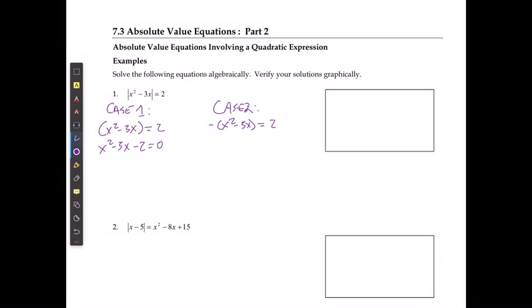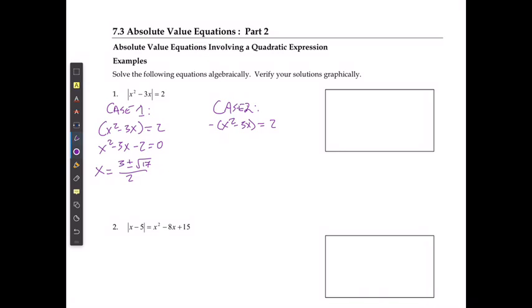At this point, I can try factoring, but I'm going to find that factoring doesn't work. So either I have to use completing the square or quadratic formula. In this case I'll do quadratic formula, and when I simplify, I find that x is equal to 3 plus or minus the square root of 17 over 2.